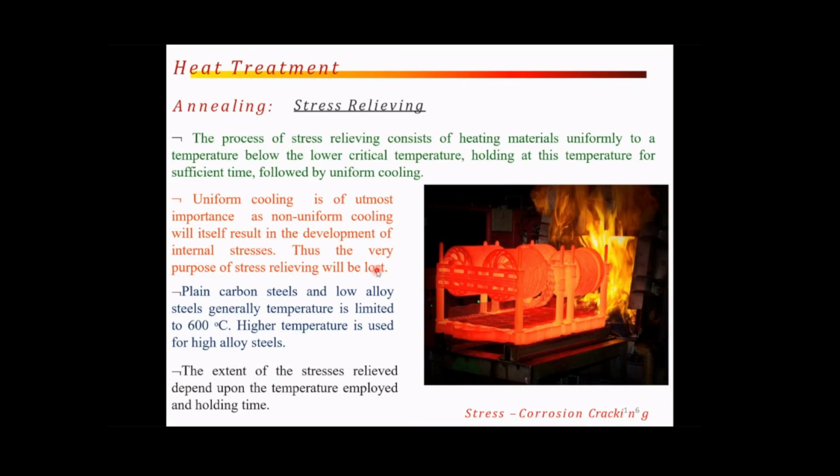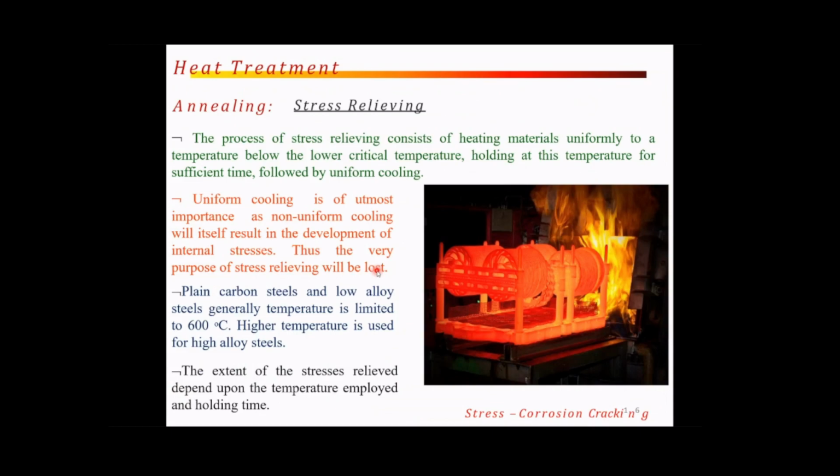The process of stress relieving consists of heating materials uniformly to a temperature below the lower critical temperature, that is less than 700 degrees Celsius, then holding at this temperature for sufficient time, followed by uniform cooling in the room atmosphere.